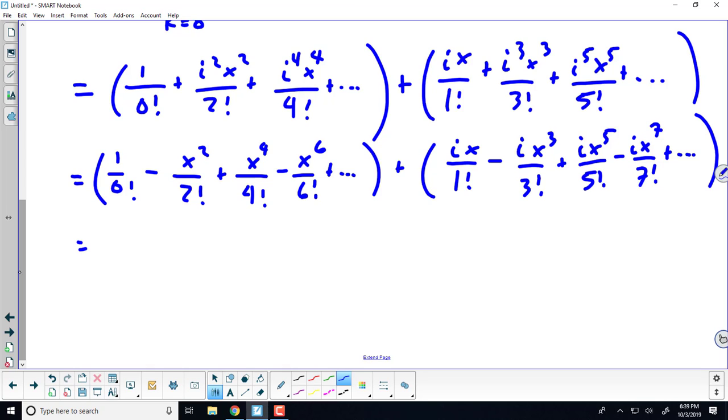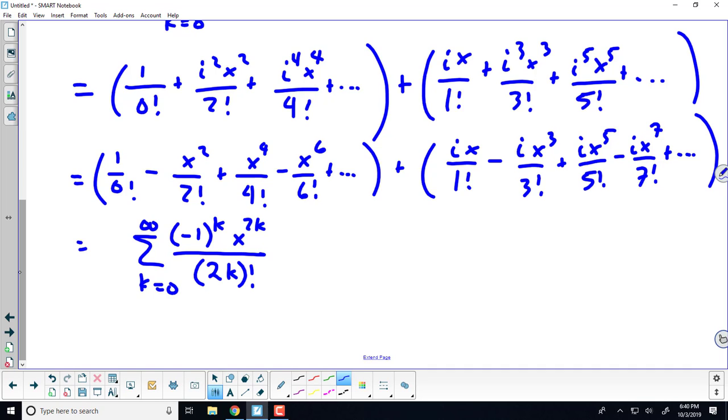But what is this series right here? This is simply the series, the sum from k equals 0 to infinity of negative 1 to the k, x to the 2k, all over 2k factorial, right? Because the terms alternate by sign.